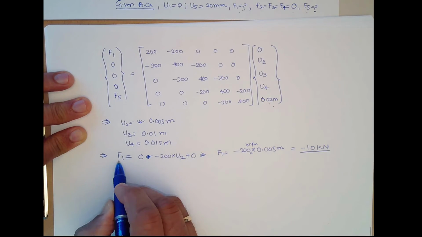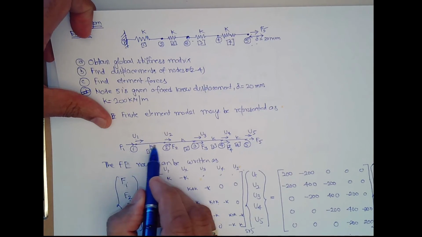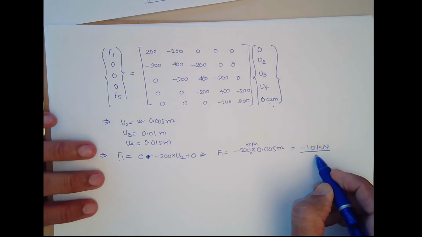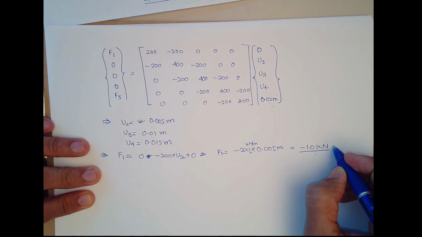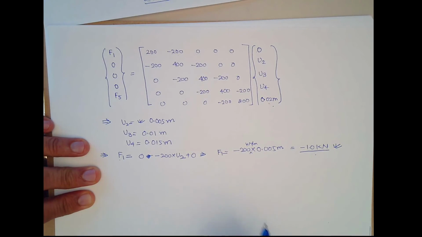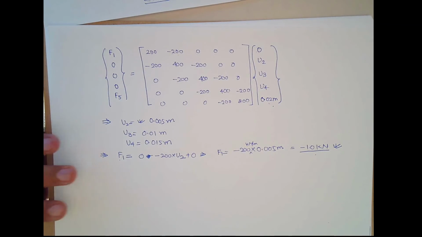The direction of the F1 force is actually not in this direction but opposite, because a negative value is coming. So we got the F1 value. Similarly, F2, F3, F4 are all 0.